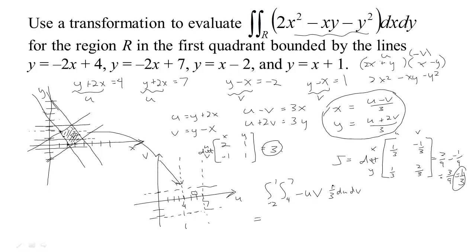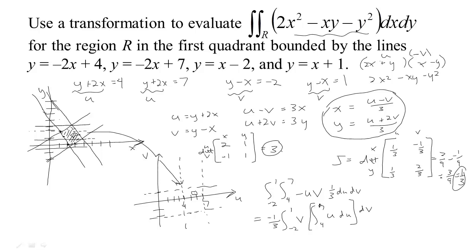We're doing the first integral with respect to v, so why don't I pull all the constants. I can pull the 1/3 all the way out, and I can pull the v at least out this far. I'm going to pull the negative out too. And then I have the integral from 4 to 7 of u du inside the integral here.